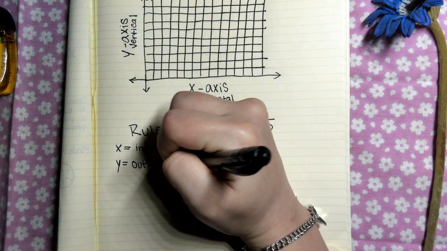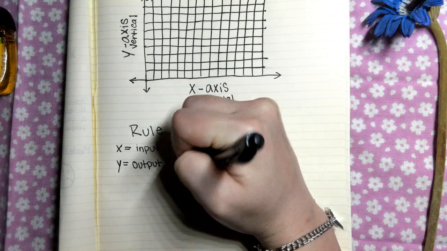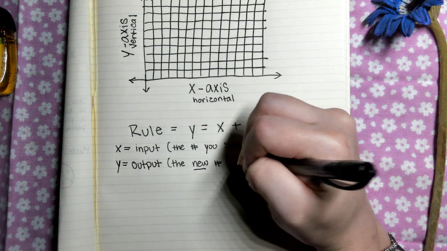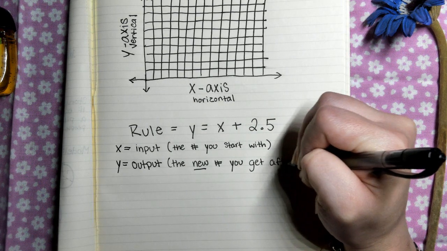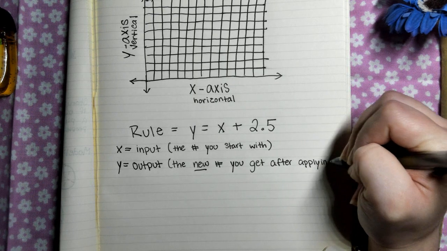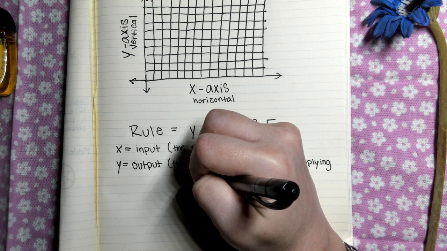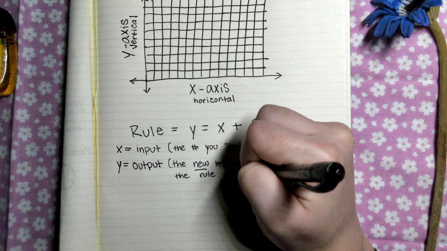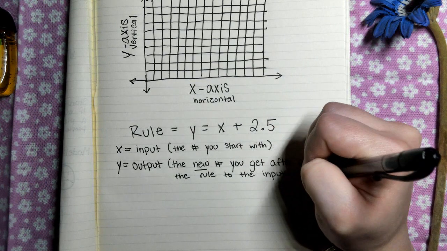So, this is the new number you get after applying the rule to the input, or the x.